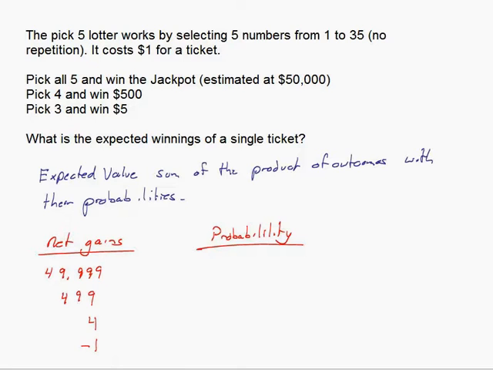So looking at the probabilities, this is where it's going to require a little bit more work on our part. The probability of winning is that I have to choose all 5 winning numbers out of the 35 possible. So the only way for me to win is that all 5 that I choose match the 5 selected.